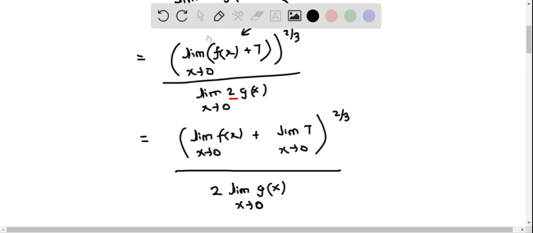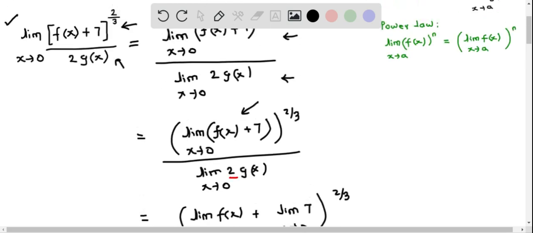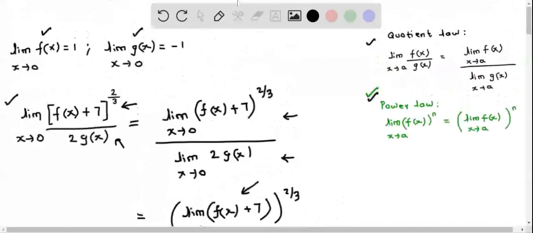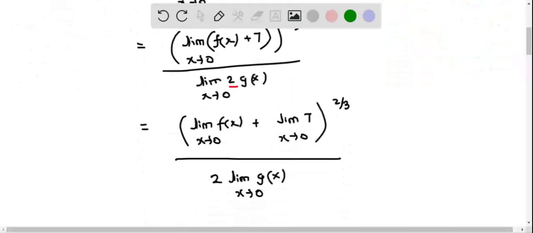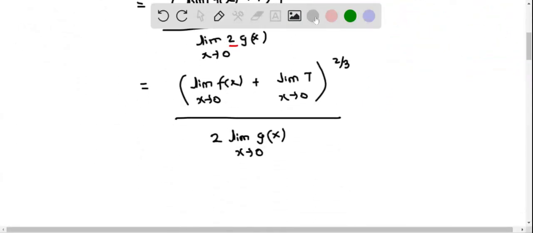In the next step, we will replace the corresponding limits using the given values. We are given that the limit of f of x is positive 1 and the limit of g of x equals negative 1. So I'm going to utilize these values and replace them over here.